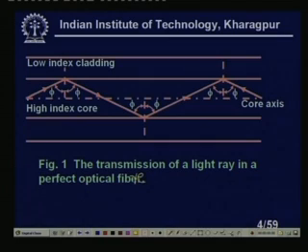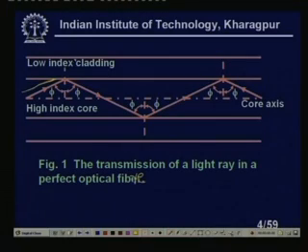When the light travels, it always goes through total internal reflection. You see here light is traveling and the incidence is such that it will have total internal reflection, so that none of the light will be lost in the cladding.